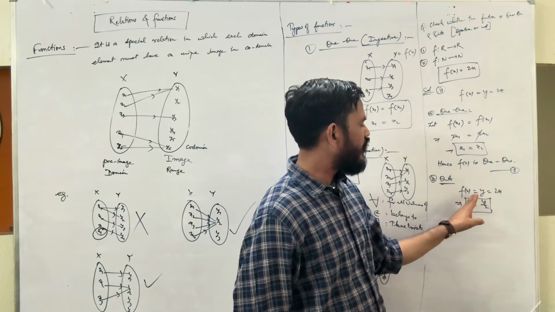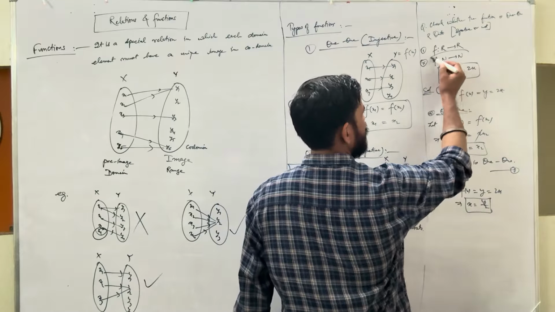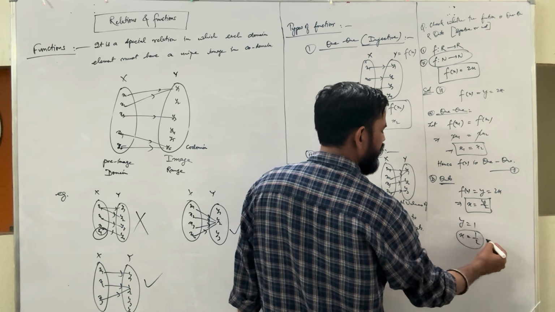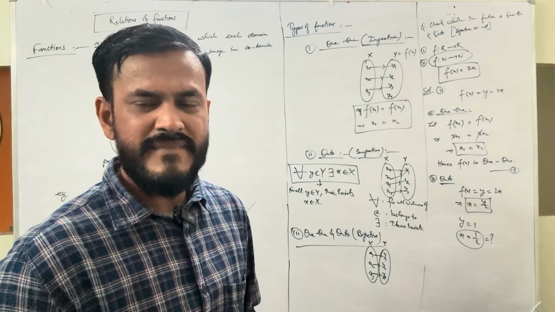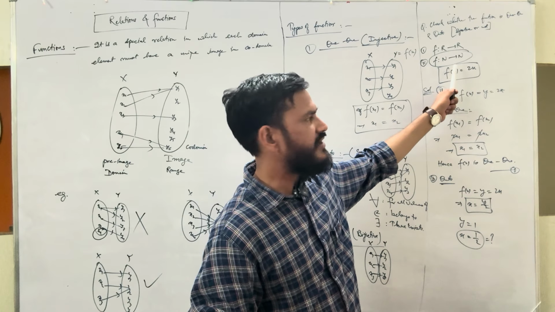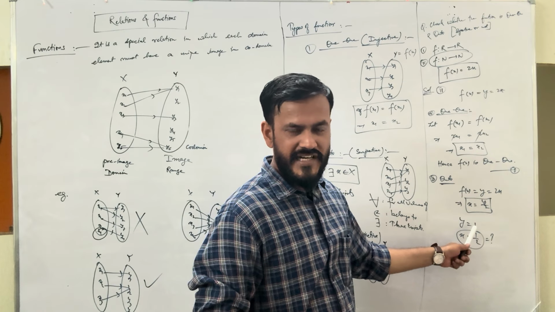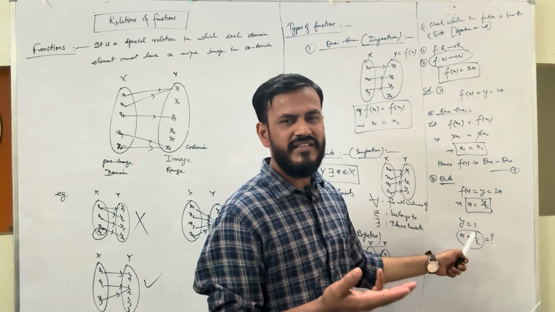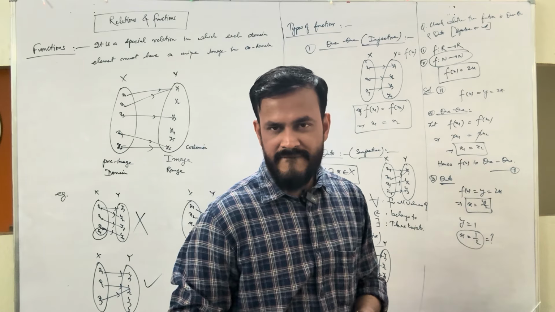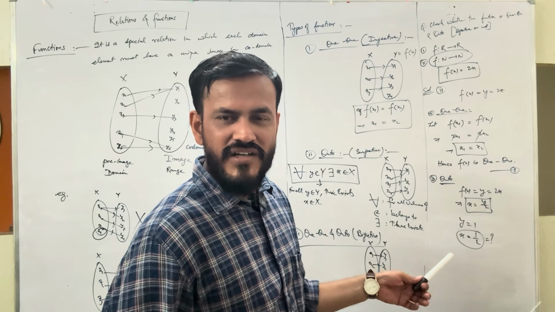Now coming to onto part, y is equal to 2x, x equal to y by 2. Imagine this function runs from natural to natural. So if you choose y equal to 1, x becomes 1 by 2. Is 1 by 2 a natural number? Answer is no. Since our function in the second part of the question runs from natural to natural, if I choose y to be a natural number, for all odd values 1, 3, 5, 7, x is not a natural number, that is fractional. So this function is not onto, because there is no pre-image.